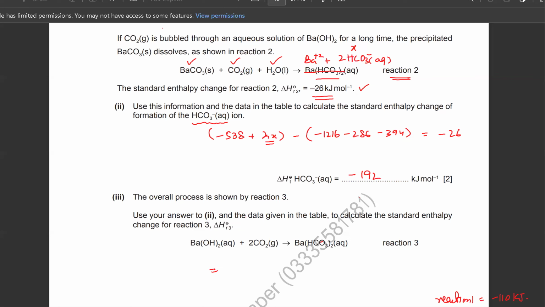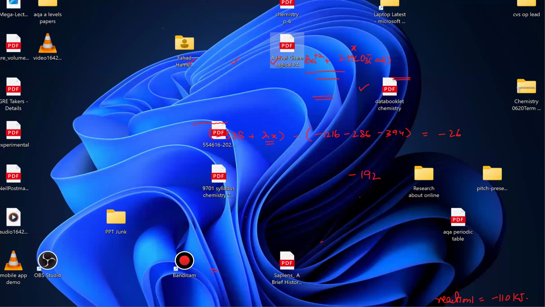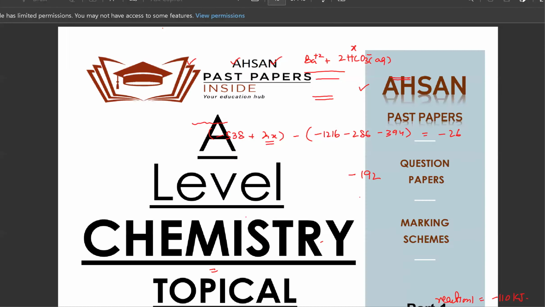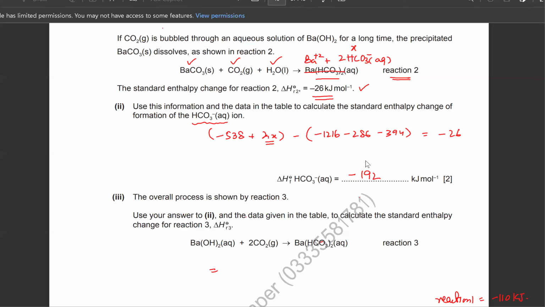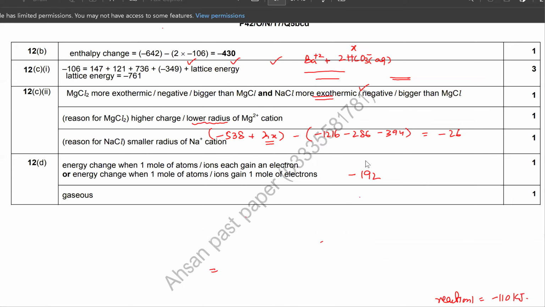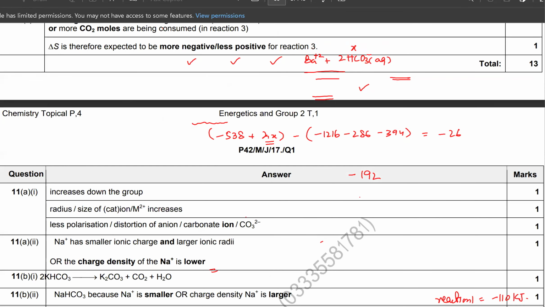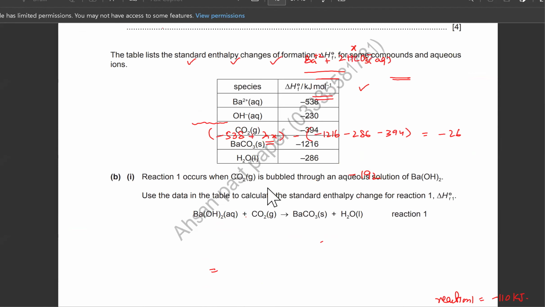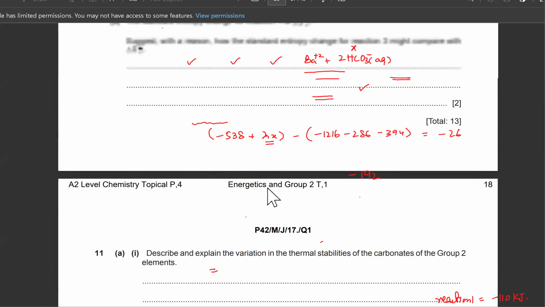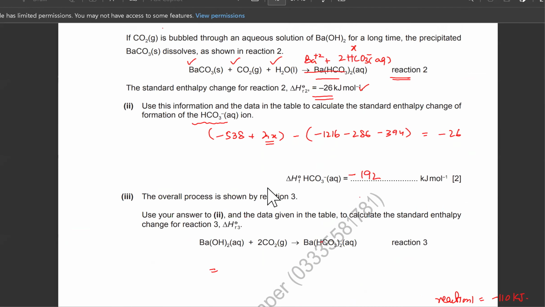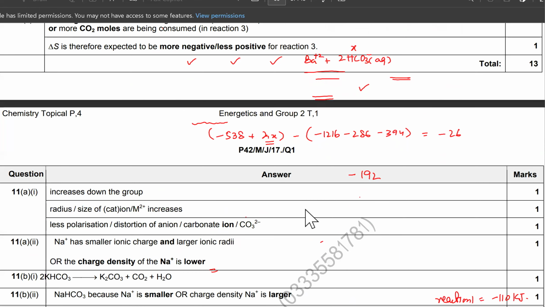And let me just open the marking scheme as well for this, 1 second. So this was question number 10.